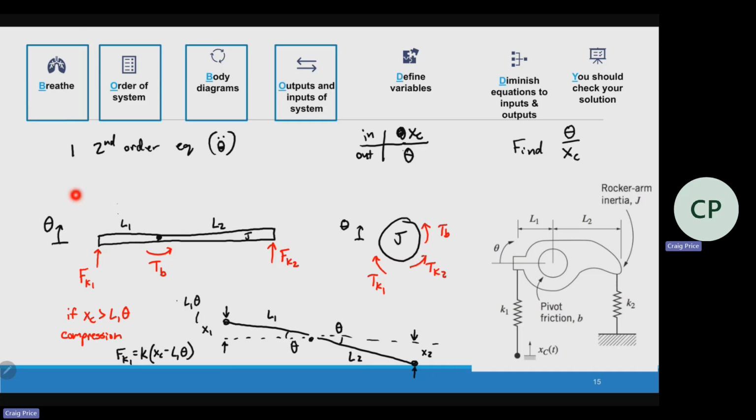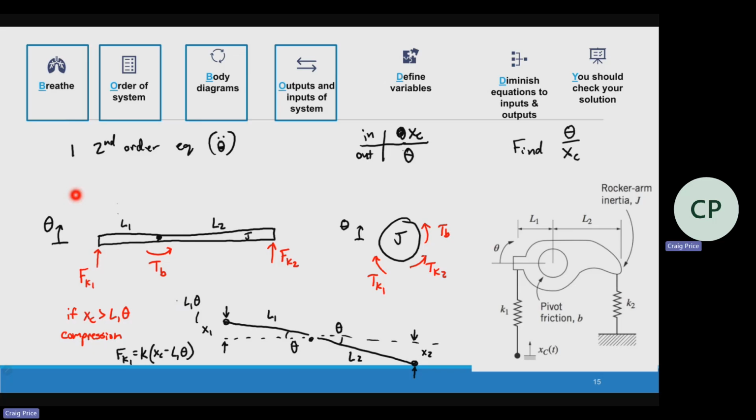If I'm looking at this right triangle, L1 sine theta gives me X1. Sine goes away, I'm just left with L1 theta. That's how we linearize it. So therefore, my spring force in compression is K times XC minus L1 theta.